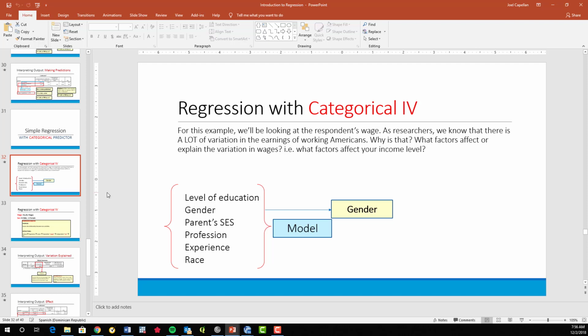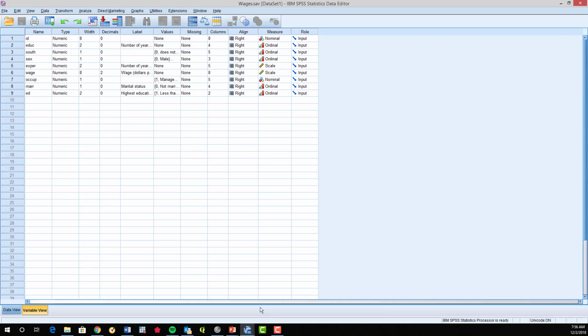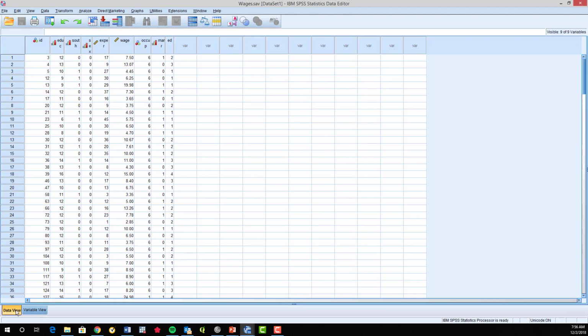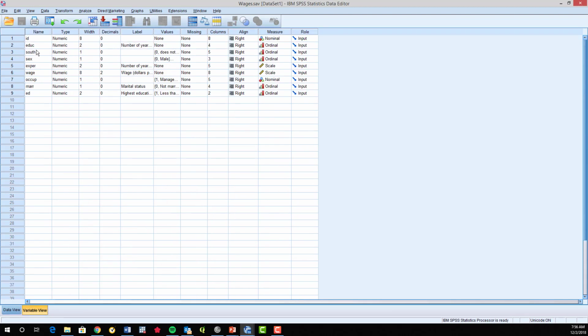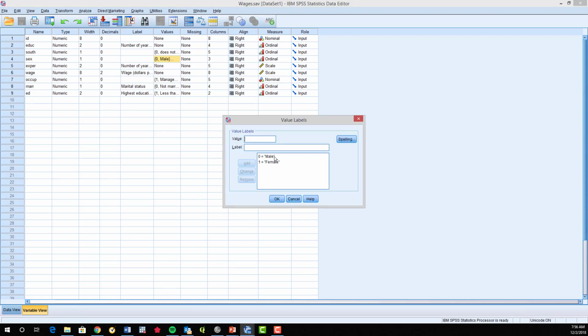But before we conduct this analysis, you need to understand how gender is measured. If you go to data view and look at sex, you see that 0 is male, 1 is female.